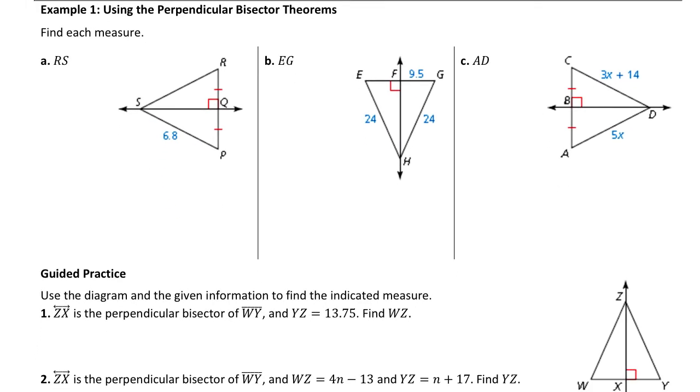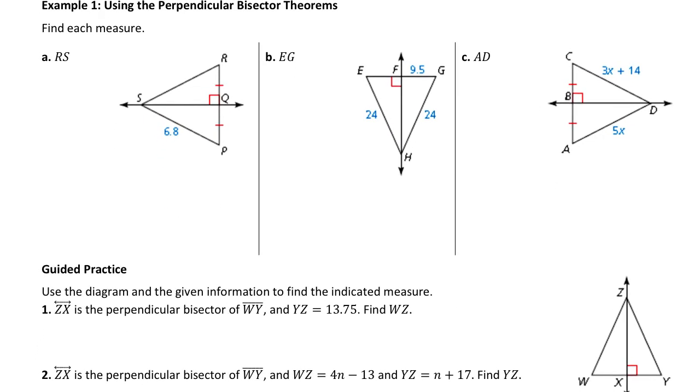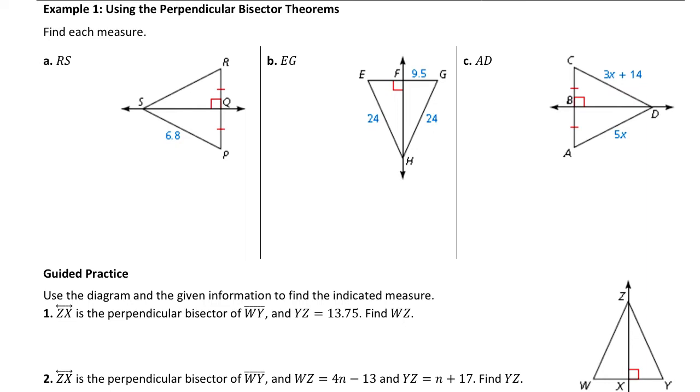So, in example 1, finding the measure, using these properties to find the measure. So, SQ is a perpendicular bisector of RP, meaning SP and SR, or RS, are the same length. So that means RS is 6.8. All right? Now EG.